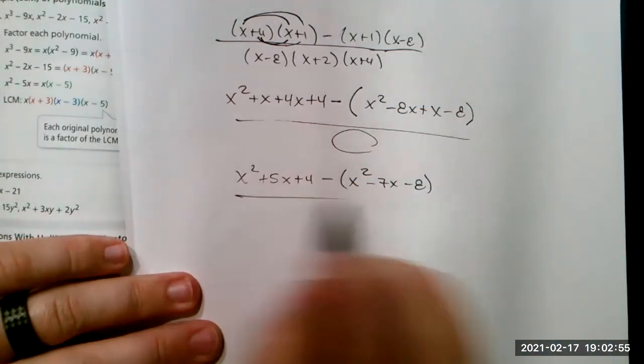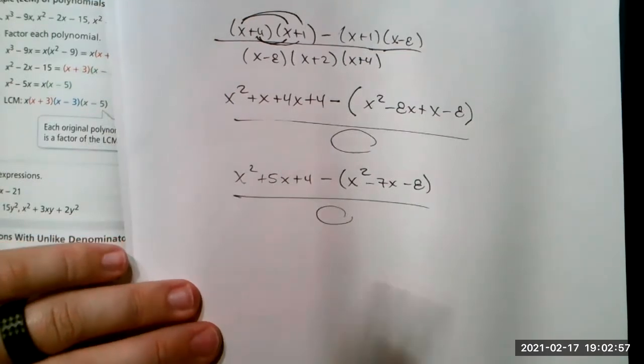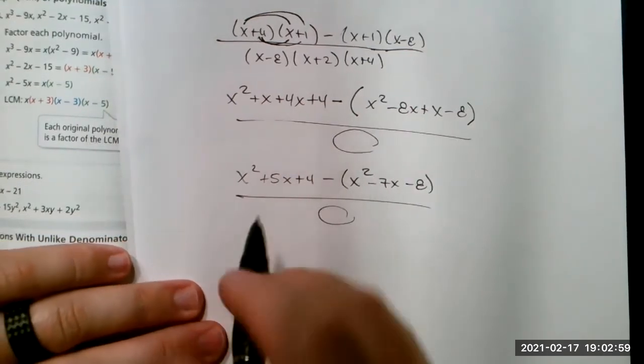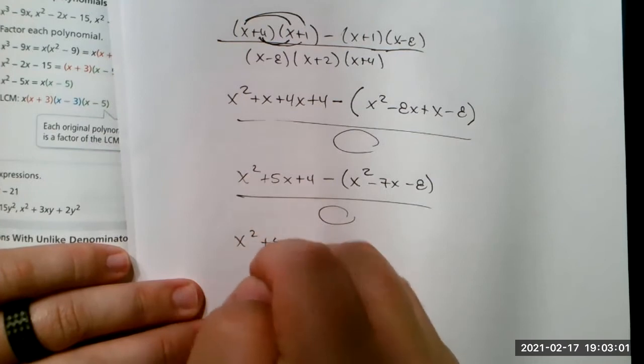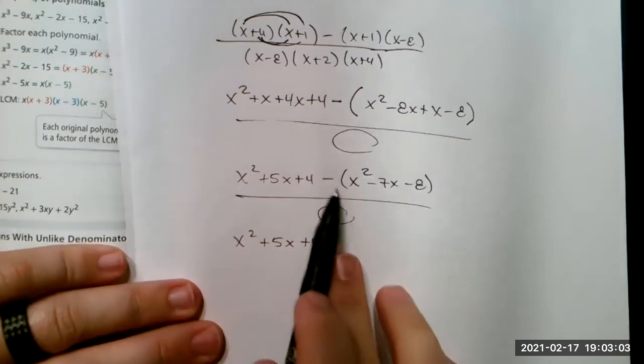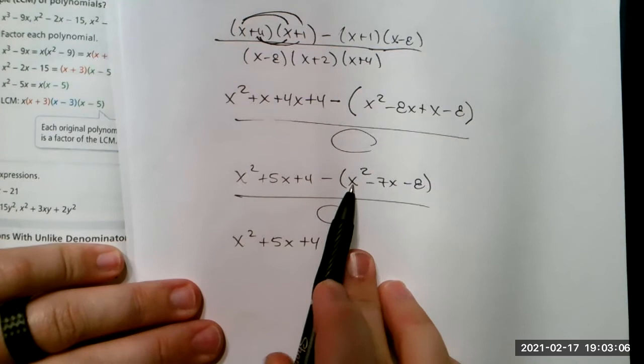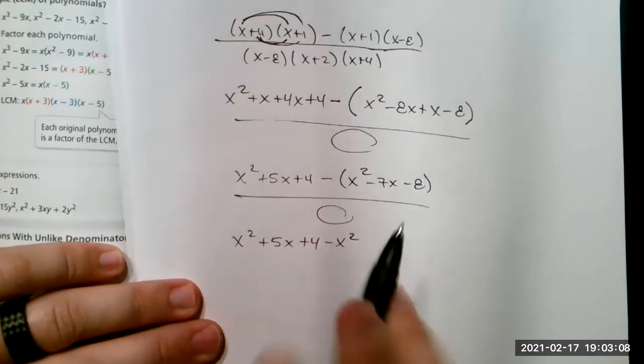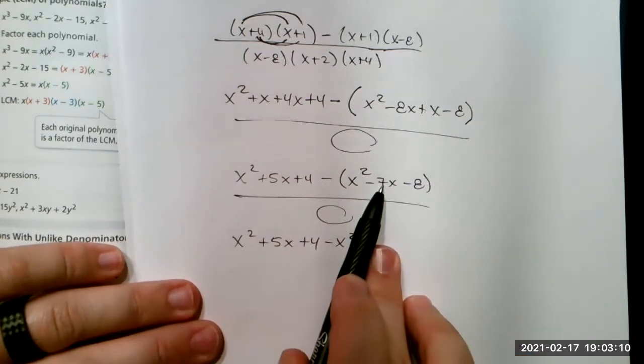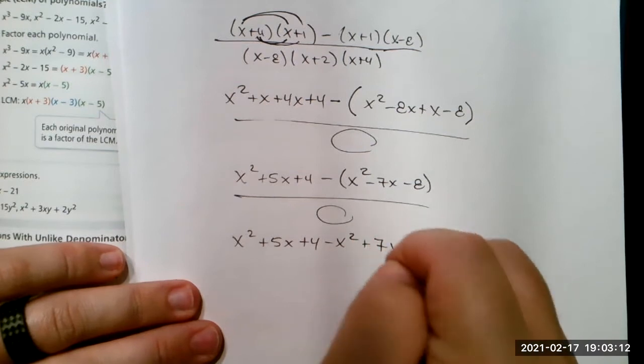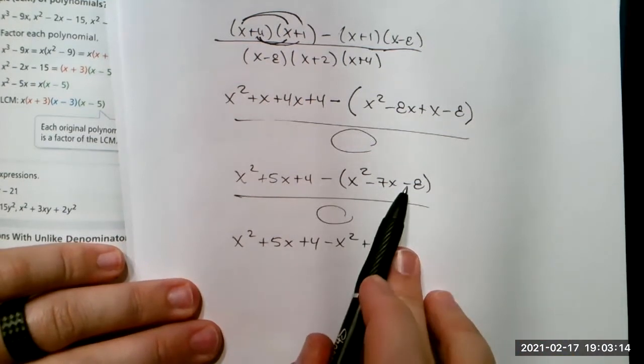And now I'll go ahead and kind of distribute that negative 1. So I've got my x squared plus 5x plus 4. Now I'm subtracting x squared. I'm subtracting negative 7x. I'm subtracting negative 8.